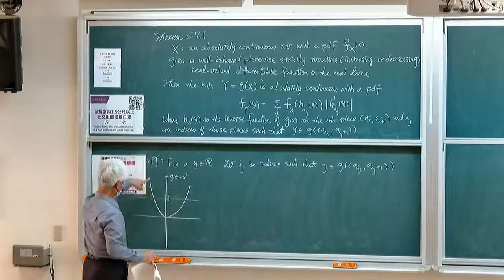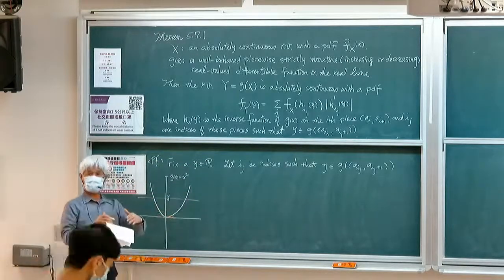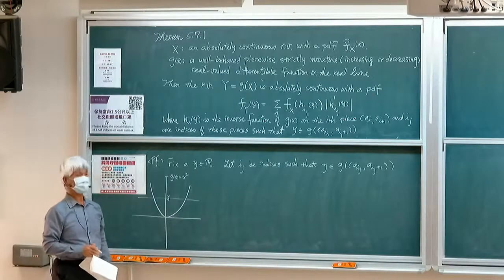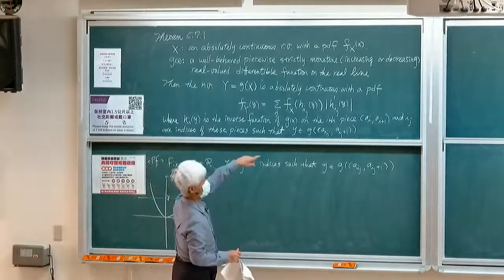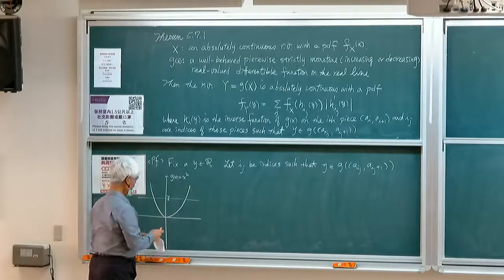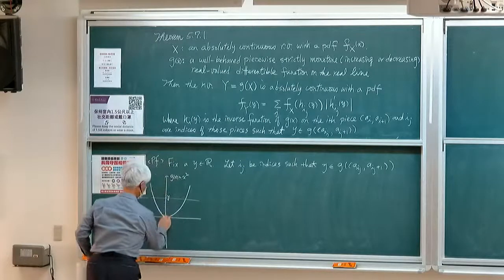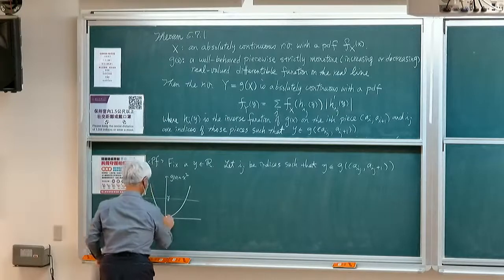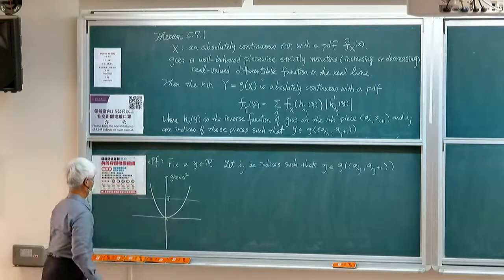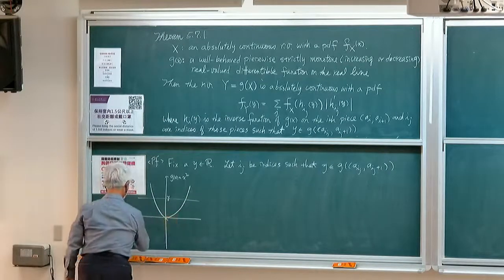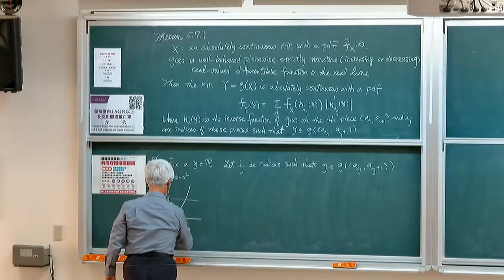even though itself is differentiable over the whole real line, it is not monotone increasing or monotone decreasing, right? But we can decompose it into two pieces. So one piece is here, the other is here. So you can say that here is minus infinity to 0, and this is 0 to infinity.